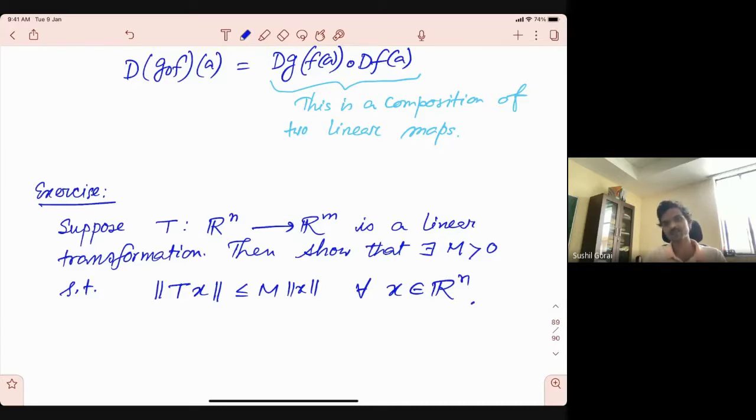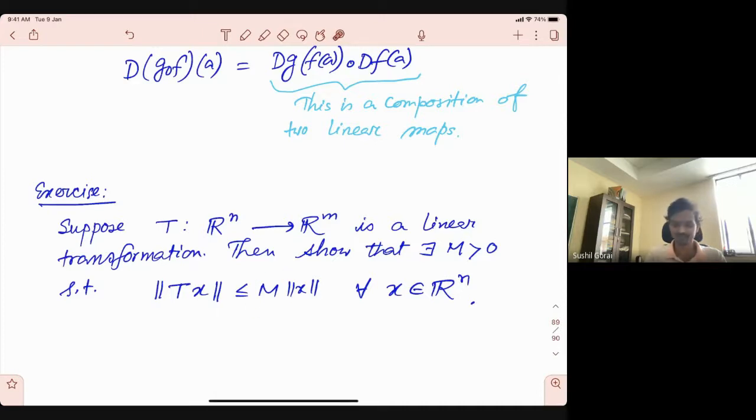So it would be enough to consider x goes to that matrix times x. Now you can actually use the entries of the matrix to find the number M.